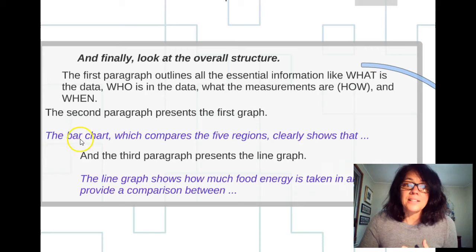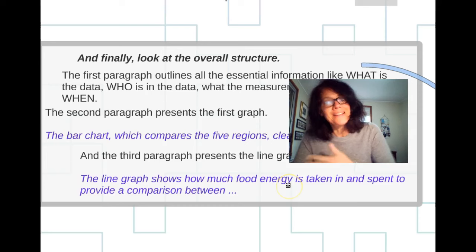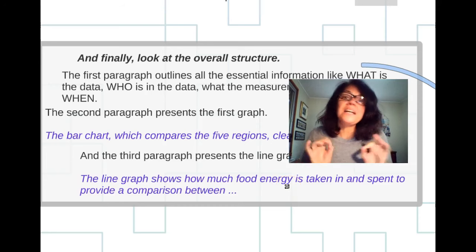So it starts like this. The bar graph, which compares the 5 regions, clearly shows that. The third paragraph shows the line graph. The line graph shows how much, and so on. Very clear opening sentences.